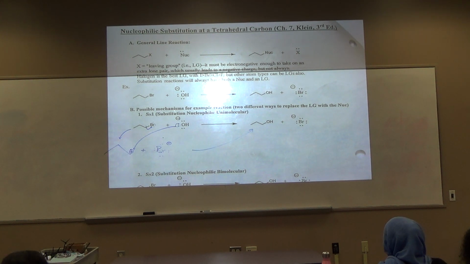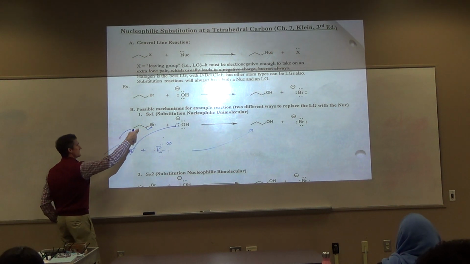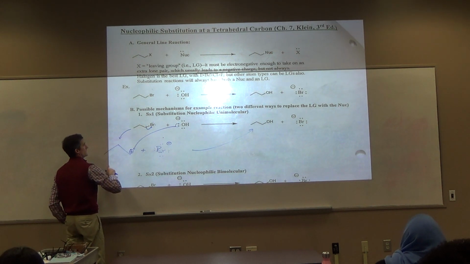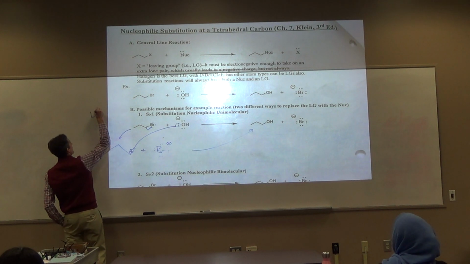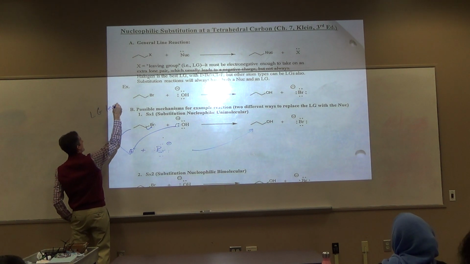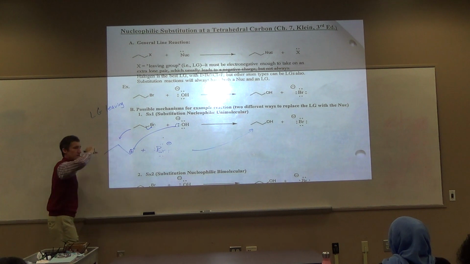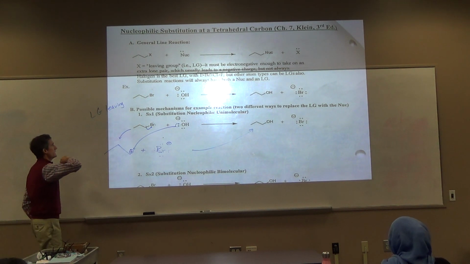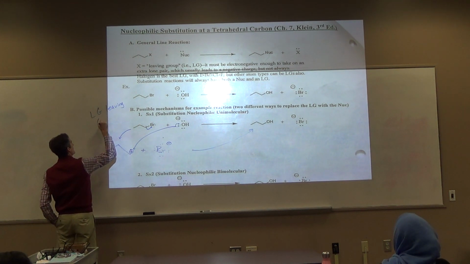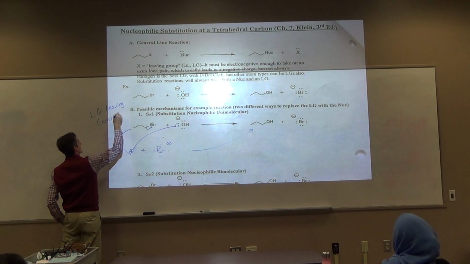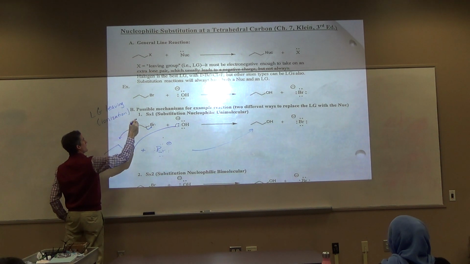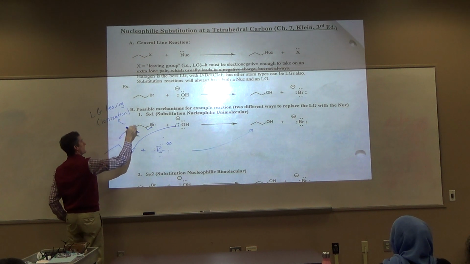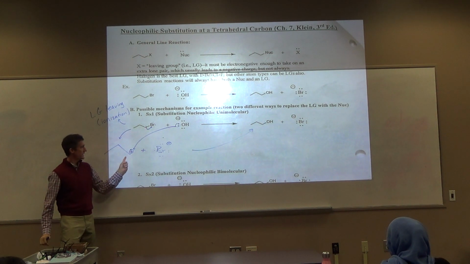How many steps in this reaction mechanism that we're proposing here? 2. What's the name of the 2 steps? What do you want to call the first step? Leaving group leaving? What's a single word that can describe that? How about ionization? Did this thing convert to ions?